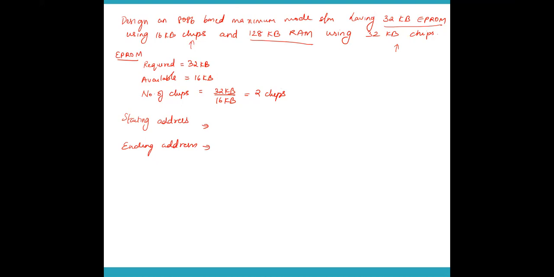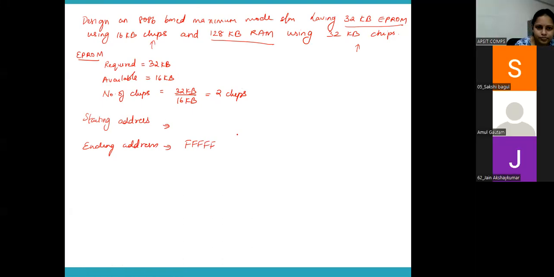Ending address of ROM is FFFFFH. Okay, ending address you are saying it is FFFF. Very good. Then give me the starting address. I want all four. Nobody has got all four addresses?